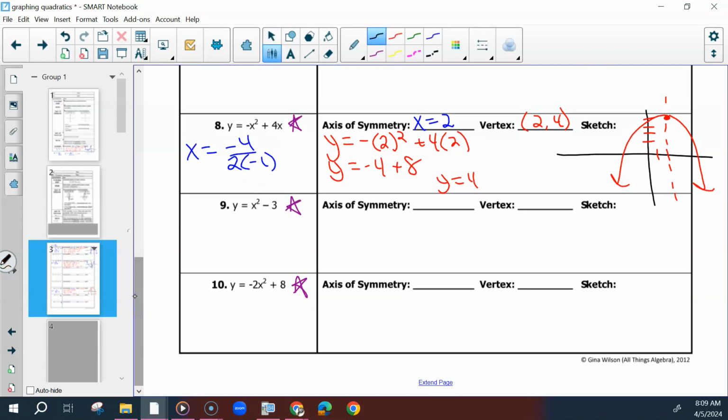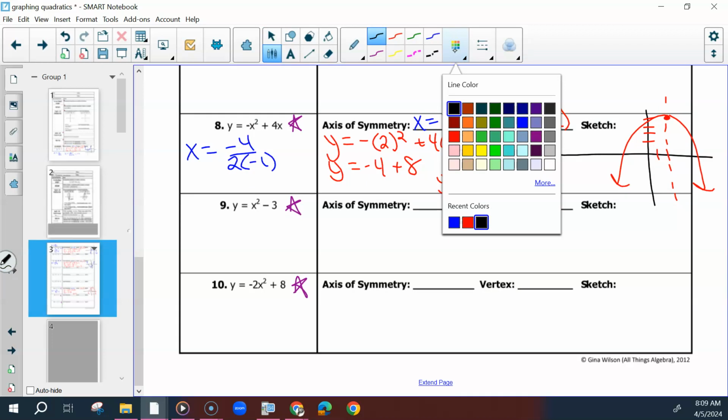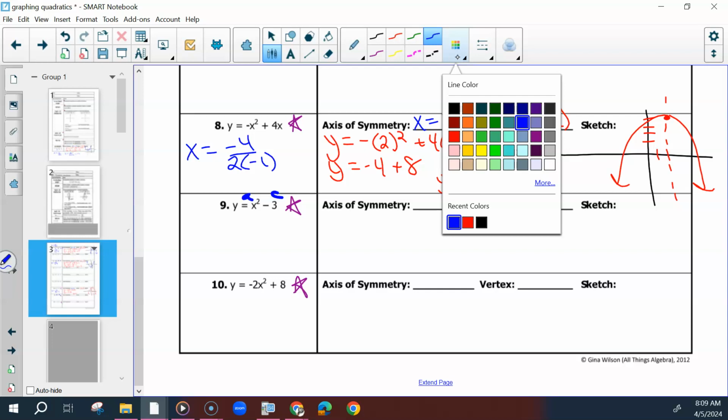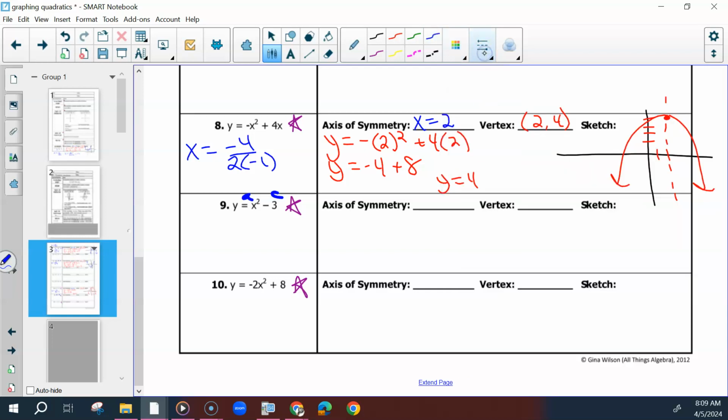And then number 9, what's missing there? The b. The b is missing because the coefficient with x is missing. So we have a, we have c, we don't have b. So when we put b in, we're going to put 0.